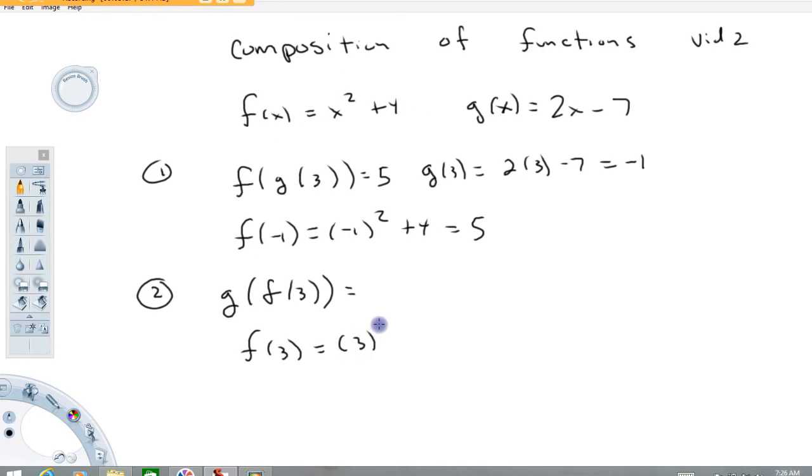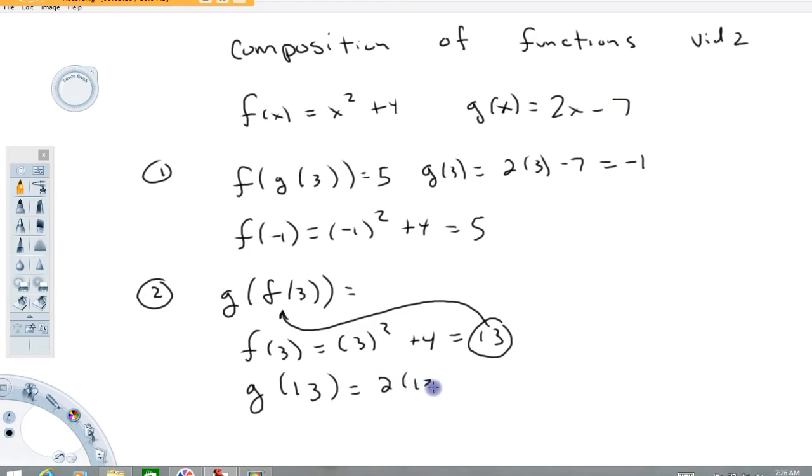So that's going to be 3 squared plus 4, which is 9 plus 4, which is 13. Now we're going to take this 13 and plug it in here because that's what f of 3 is. So that's now going to read g of 13 equals, and here's our function for g, 2 times 13 minus 7, which is 26 minus 7, which I believe is 19.